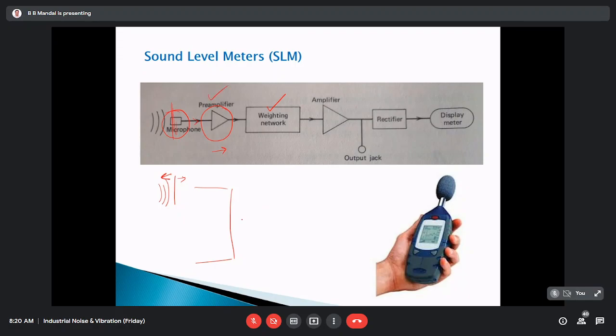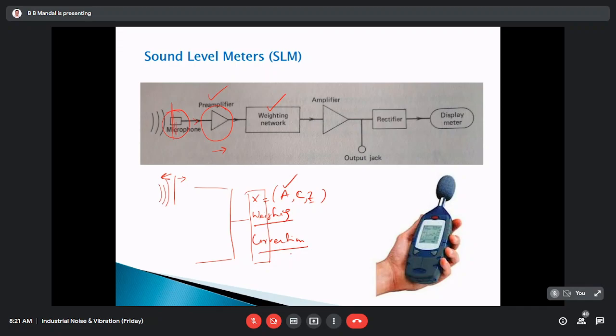So we get an amplified signal, and then we go for a weighting correction, which may be A, C, or Z. So you choose A, so it goes for A weighting corrections.